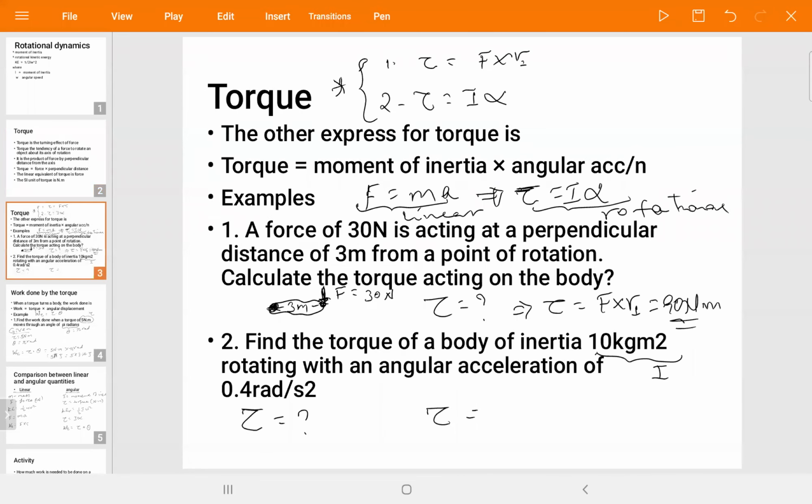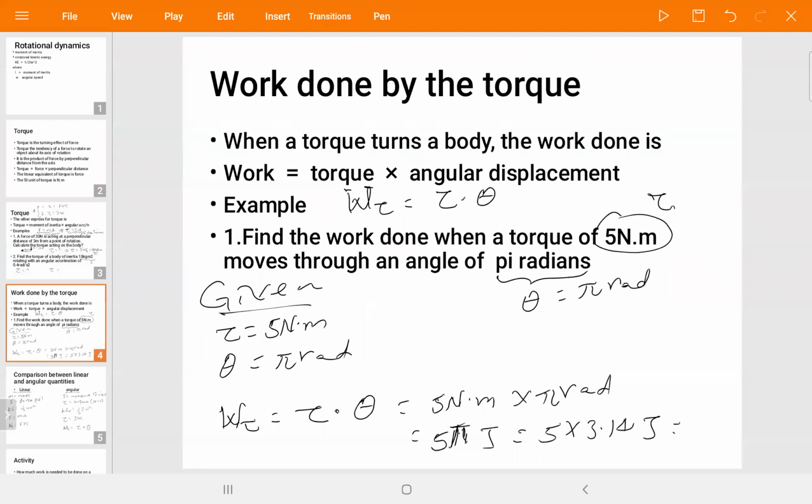And the other one is about work done by a torque. If an object is in rotation, then there will be energy transfer. And the process of energy transfer is called work done. This work done can numerically be obtained by the product of torque and angular displacement.